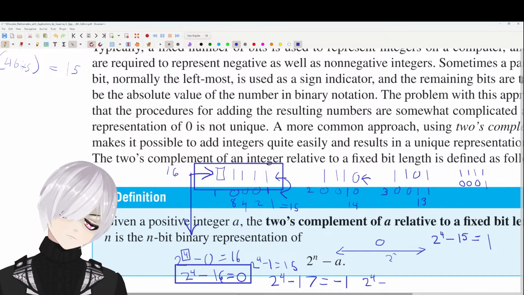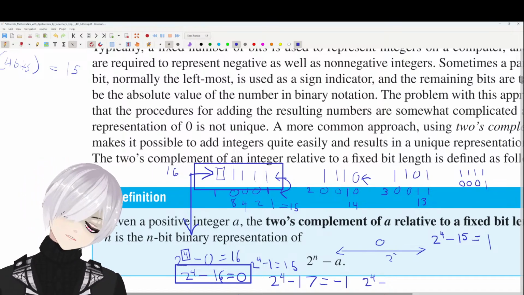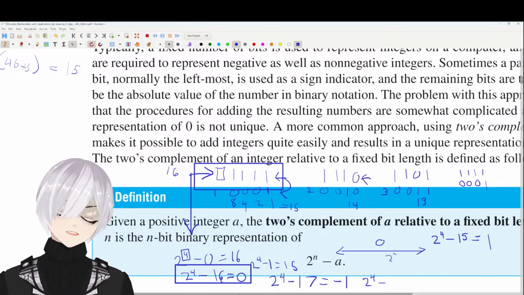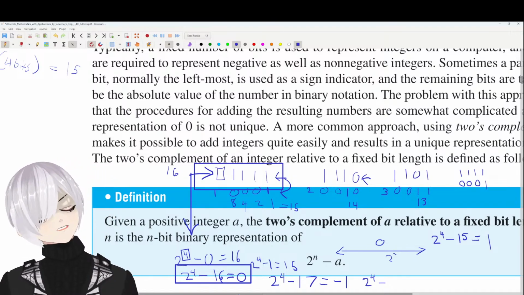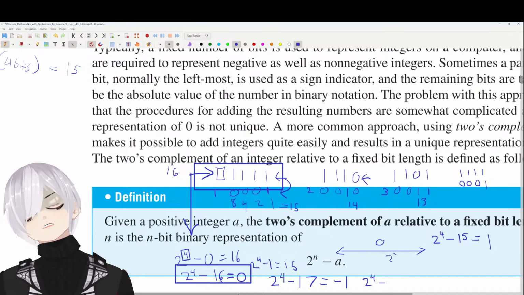For example, with 4 bits, the representation of 1 would be the binary representation of 15. Then 2 would correspond to 14, 3 would correspond to 13, and so on, until 15 corresponds to 1, and 16 itself corresponds to 0.